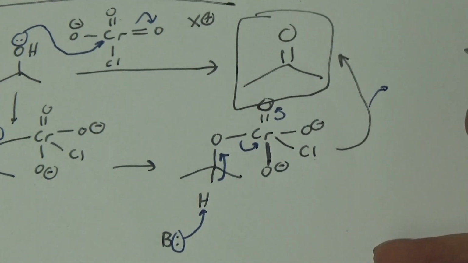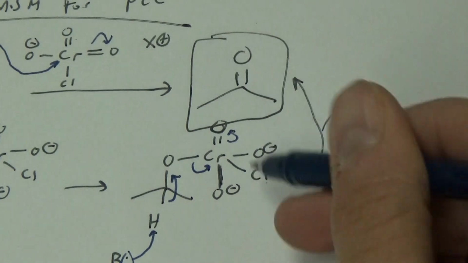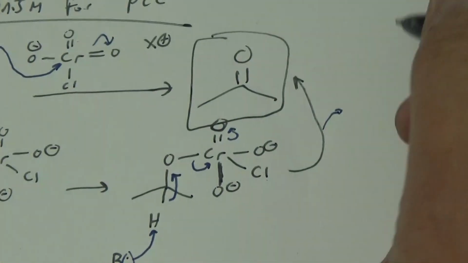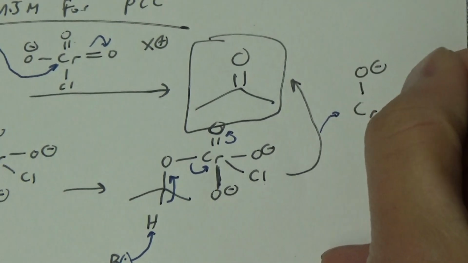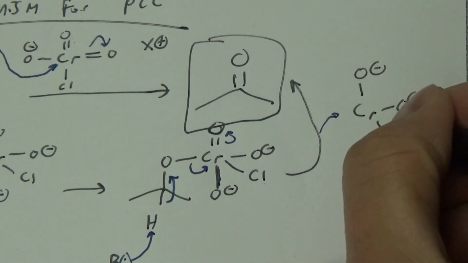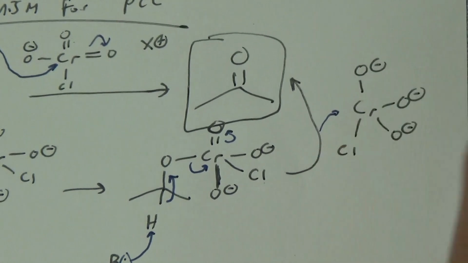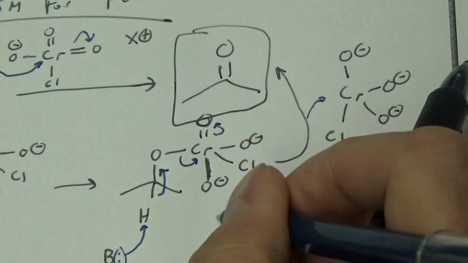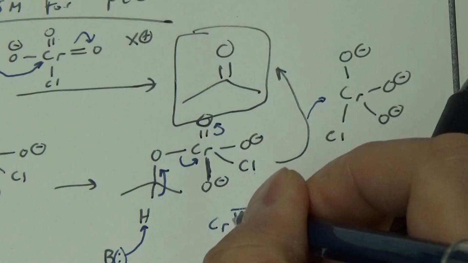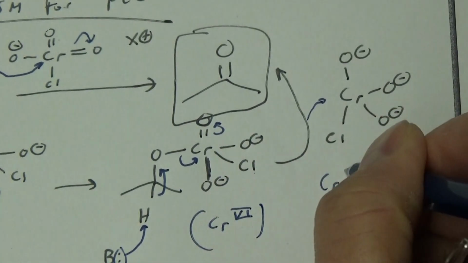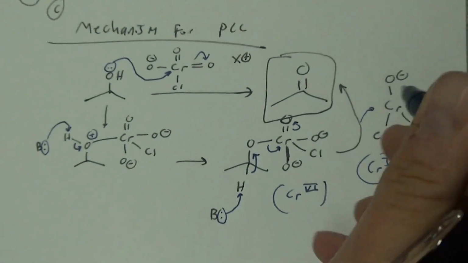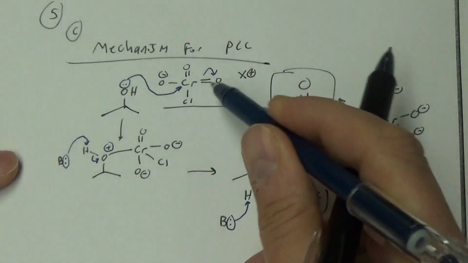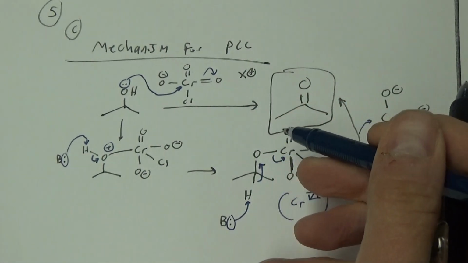What's the end chromium thing look like? Chromium, O minus, chloride, something like that. It's chromium 4. So it goes from chromium 6 to chromium 4, and then there you go. So PCC is essentially the same thing. The only difference is the structure of the oxidizing agent.